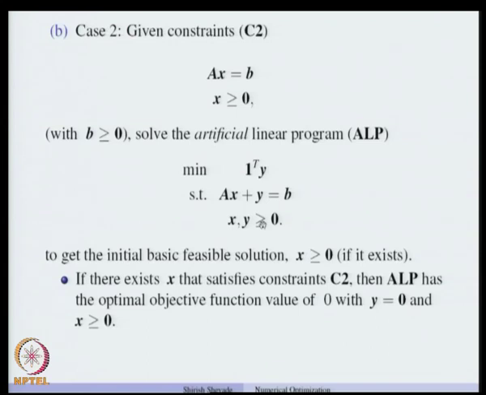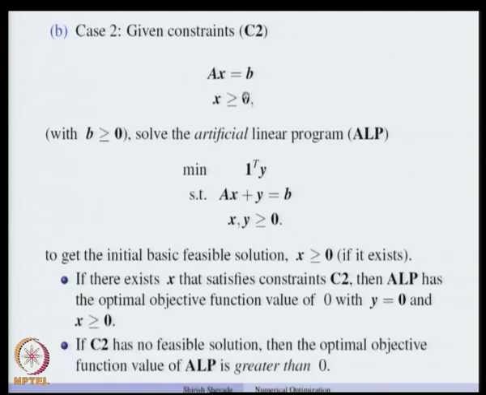So, the basic feasible solution x can be obtained by solving this, if such a solution exists. On the other hand, if C2, the constraints, have no feasible solution, then the optimal objective function value of the ALP will be greater than 0, and in that case we can conclude that C2 has no feasible solution.